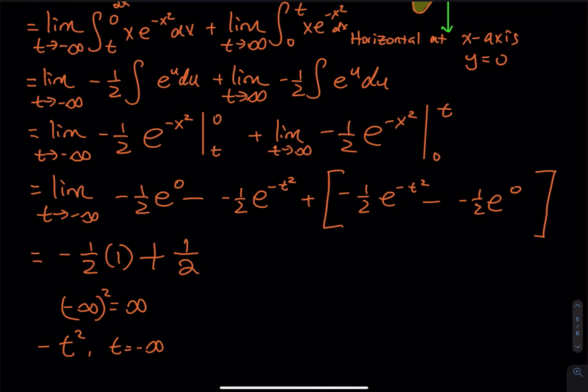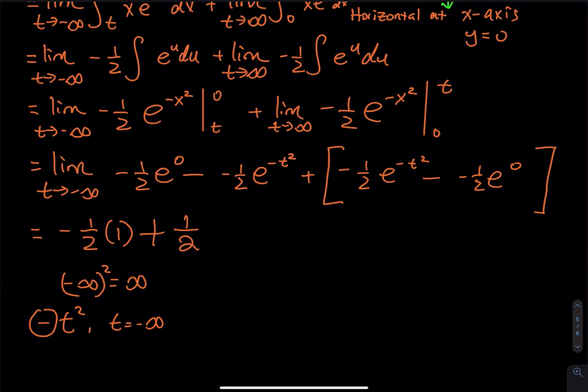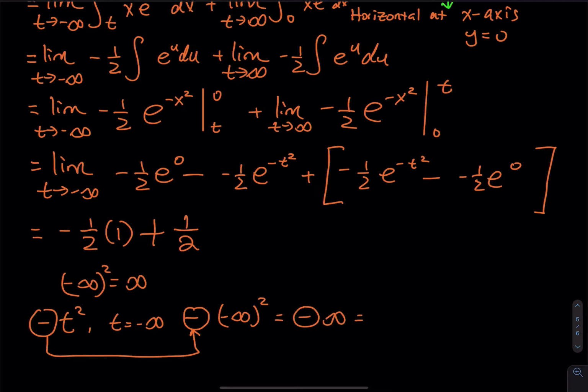So when you do the plug-in, this negative sign stays in there. And then you have a negative infinity squared. So after you square that, you have this negative sign and then infinity. So overall, you have negative infinity. And then you have e to the negative infinity.